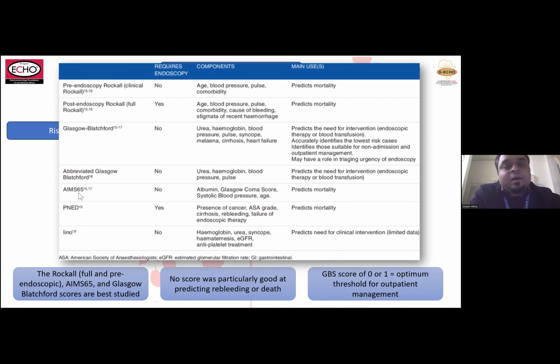So these scores should not be taken at 100% face value, but rather should be a guide for us. And if the GBS score is 0 or 1, these patients can go for outpatient management. And if it is more than 8, then one would consider a high care or ICU admission.